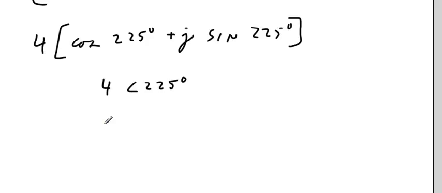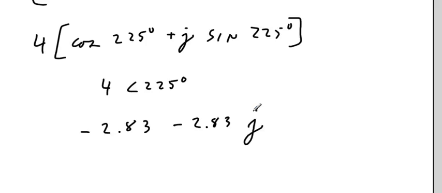And I could take my calculator, which is already in rectangular mode, and go for second function complex angle 225, and I could have minus 2.83 minus 2.83j.